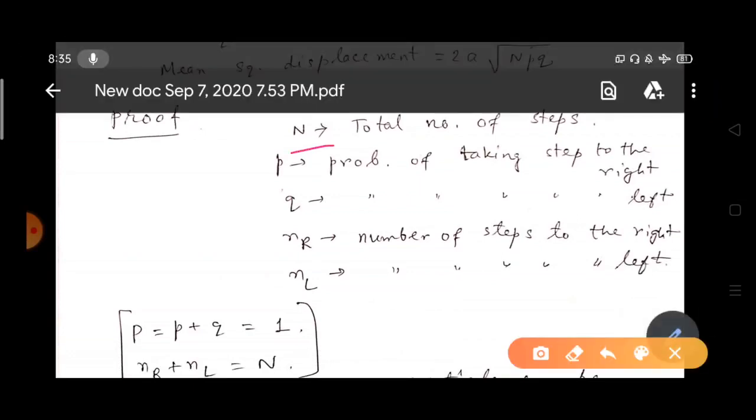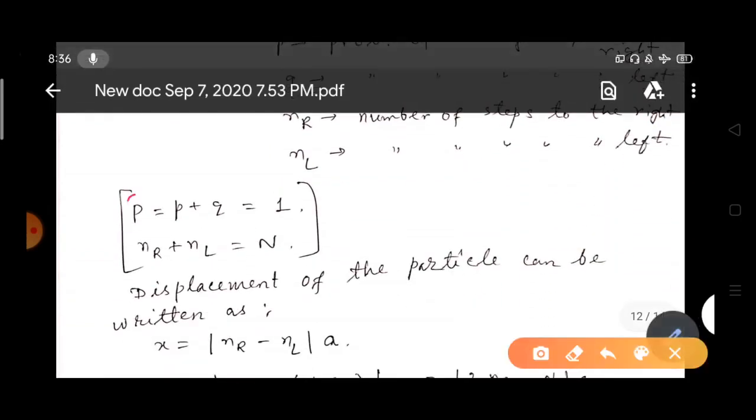Suppose here we are taking n as the total number of steps, and we have already told that p is the probability of taking the step to the right, and let us take q as the probability of taking the step to the left, and nr is the number of steps to the right, nl is the number of steps to the left. So p plus q is 1, and the total number of steps, n, is equal to the number of steps towards the right plus the number of steps towards the left, that is nl plus nr.